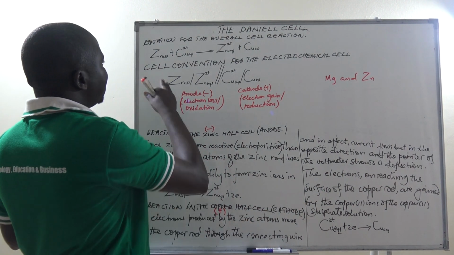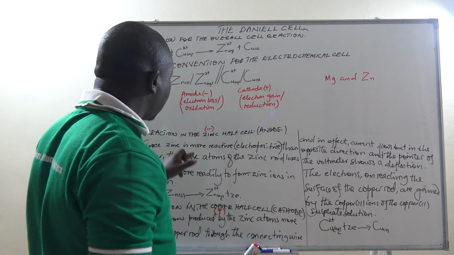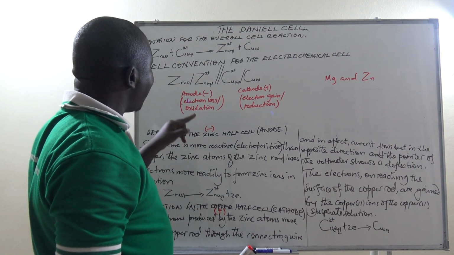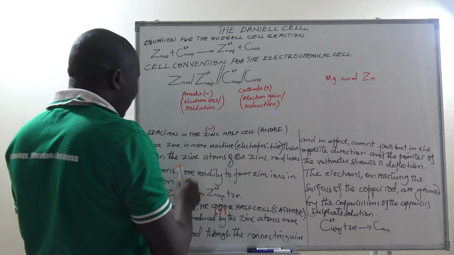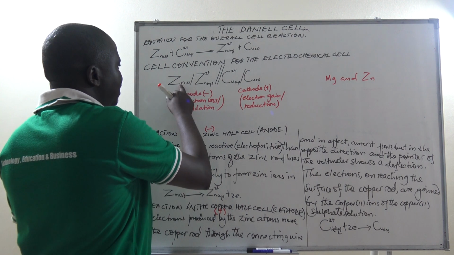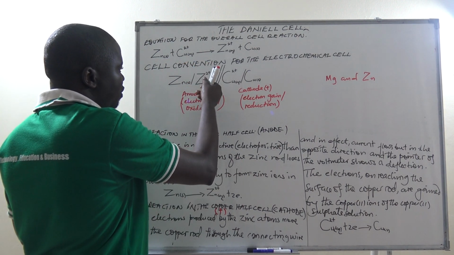And then coming to the cell convention, you have to show what has taken place first, that is where we have the metal which is more reactive. So at the metal which is more reactive, there is the loss of electrons by such a metal to form that very metal ion in solution. And that's what we wrote here.